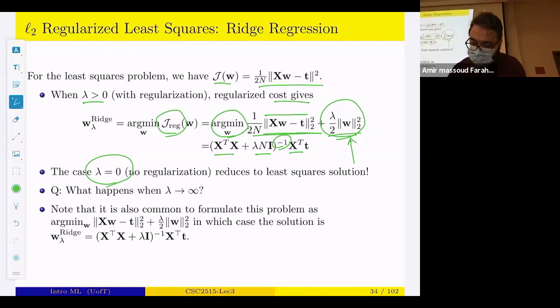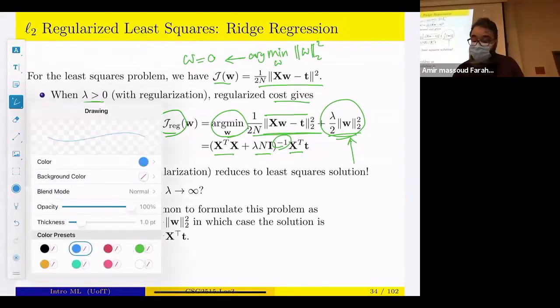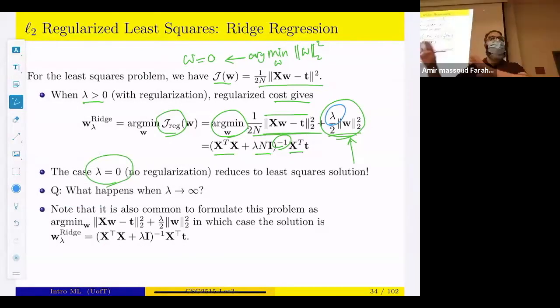If we have a minimization problem which is just this, the solution would be weight equal to 0. That's the minimum norm of weights. So if lambda is very large, it dominates the first term, which is the cost function. On the other hand, if it is 0, essentially we don't have any preference for smaller values. And between these two extremes, we have a trade-off between these two cases.